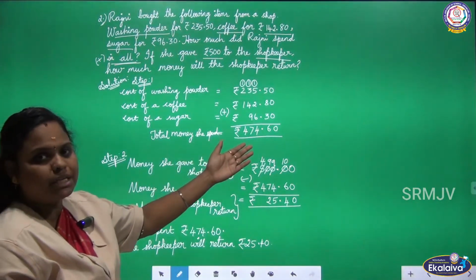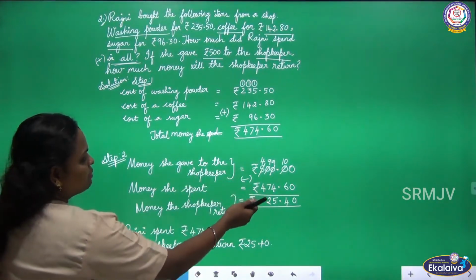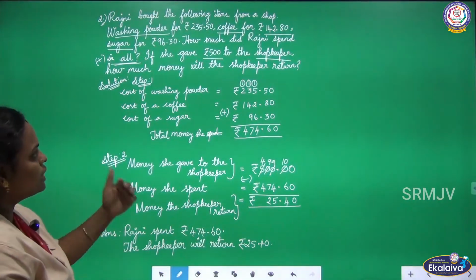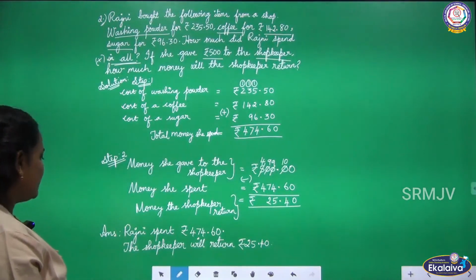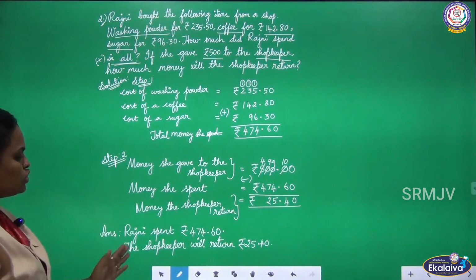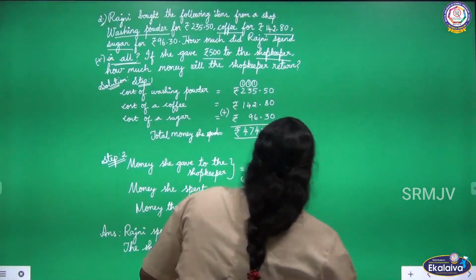Total money she spent is 474 rupees 60 paise. So if you subtract from this, then you will get the return amount, how much she will get back? Rupees 25 rupees 40 paise. So Rajni spent rupees 474 rupees 60 paise. So the shopkeeper will return 25 rupees 40 paise.